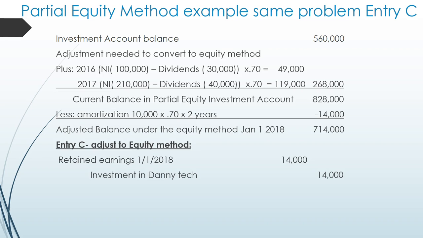So this would be entry C under the partial equity method. So we would have to adjust beginning retained earnings of the sub and investment in Danny. And that ends the difference in the three methods presentation when we have consolidated financials with a non-controlling interest.